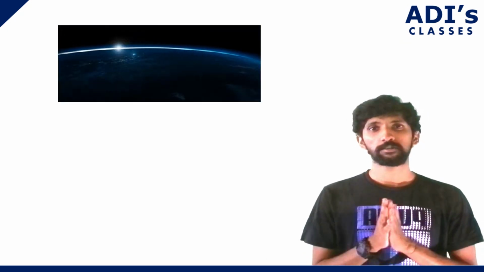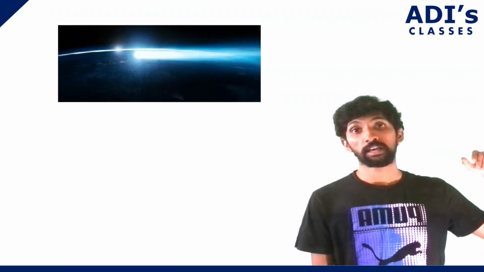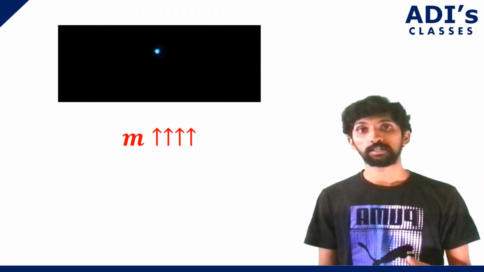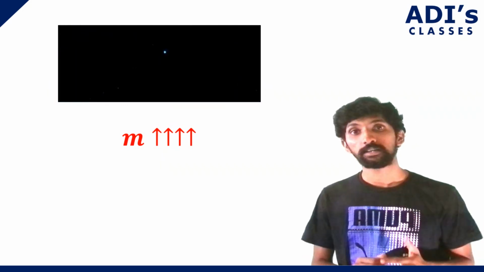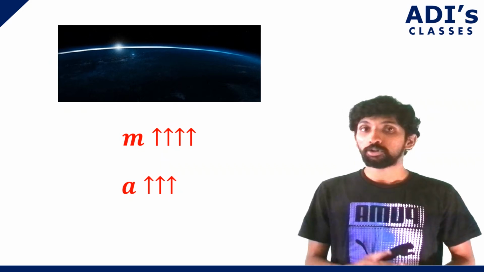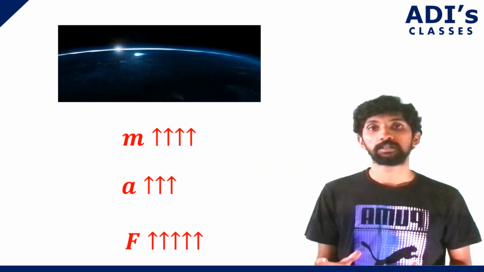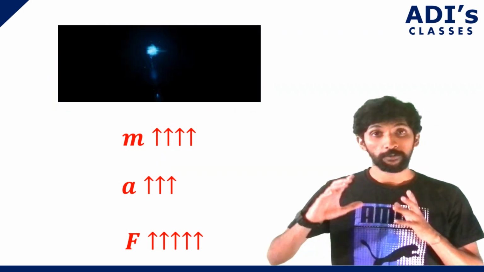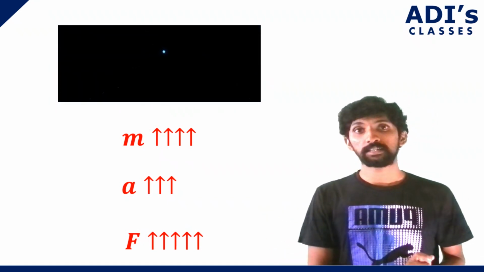One more example. You must have read in books that an asteroid some 200 million years ago came with a very high force and crashed on Earth, and all the dinosaurs died. Imagine an asteroid with a mass of some 200 million tons coming with a tremendous acceleration. What do you think is the force? Extremely high mass and extremely high acceleration.